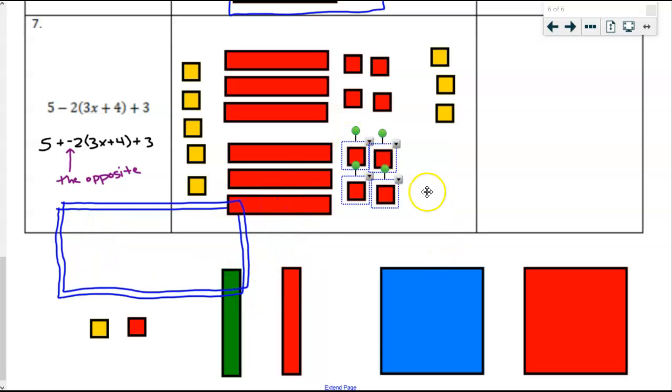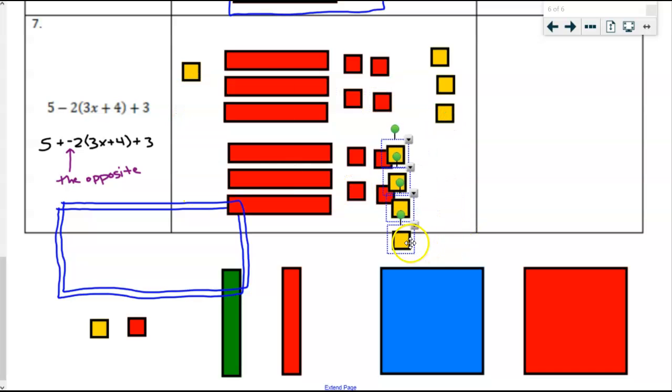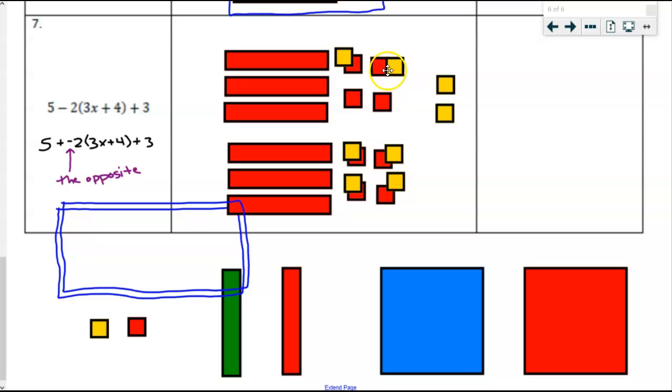And you're going to notice that when I try and combine like terms here, I've got these positive 4 tiles that are all going to zero out those 4 tiles. Right? And this tile and these, they all end up zeroing out. So what is it that I'm left with? 6 tiles, they're all negative and they're all x tiles, so negative 6x.